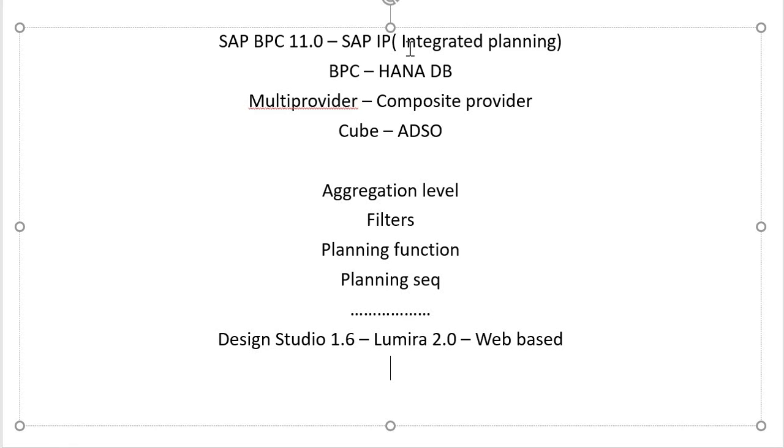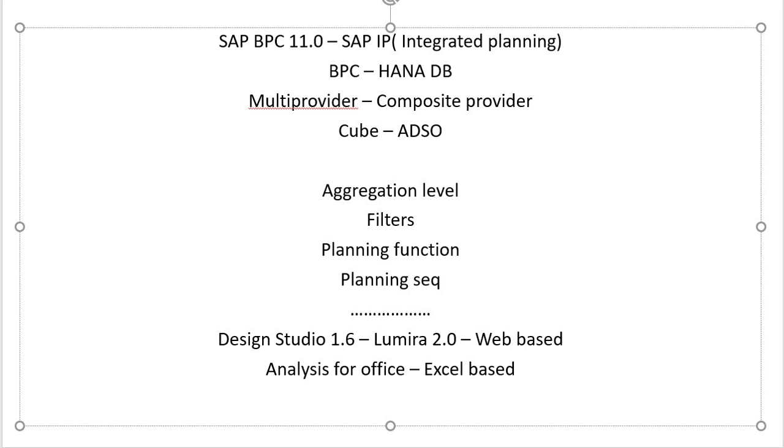Also, in the older version, SAP Integrated Planning, we can still access the planning sequence in Lumira and then Analysis for Office. This is also a great and important tool, which is Excel-based. You need to remember that. Here also you can access whatever objects you create in both Lumira and Analysis for Office.